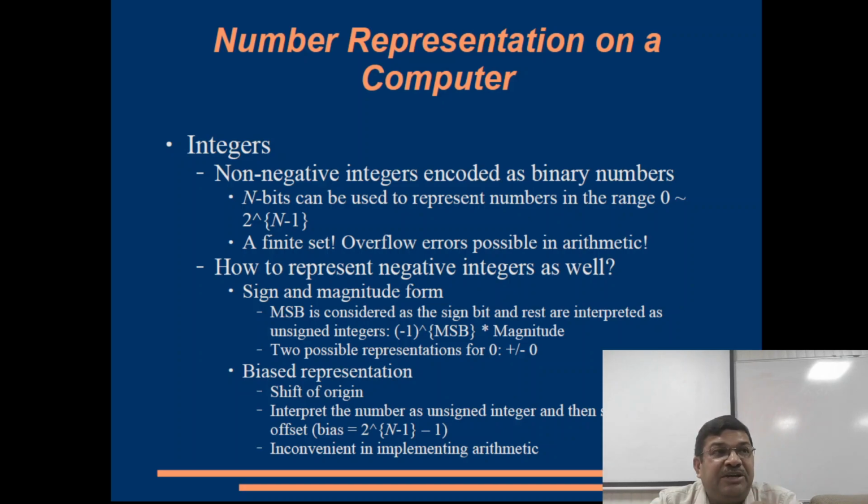You need to keep track of this negative bias. If you add two integers, your bias will get added, isn't it? Your integer I1 is represented as I1 bar plus some bias, and another integer I2 is represented as I2 bar plus bias.